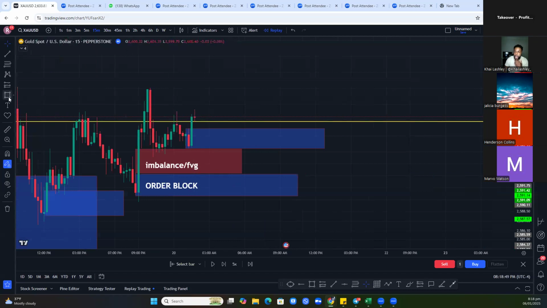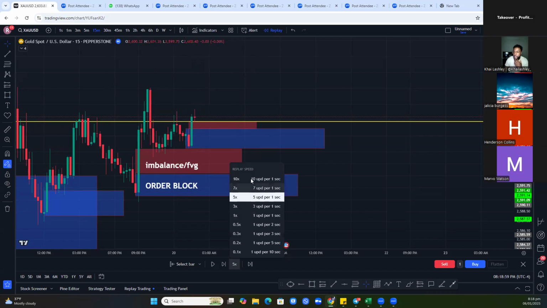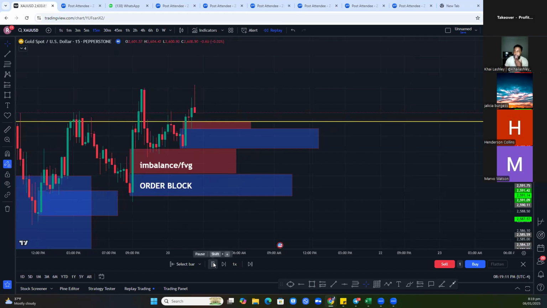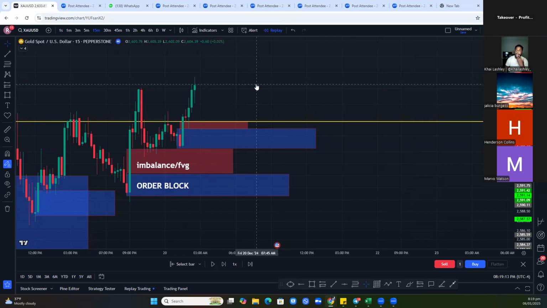We have this candle, wick to wick, imbalance created. Then the next candle went ahead, traded into our order block, and then continued to push up. So we see that buying, and then we continue to push up.